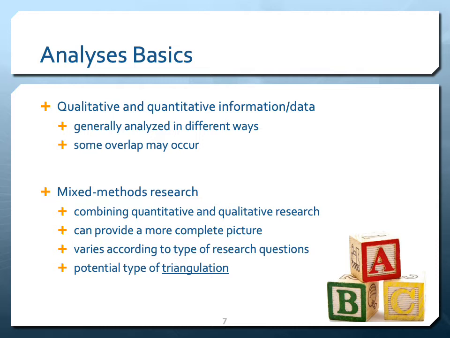Once you've got a good understanding of the situation, then you follow up with a quantitative survey, just to better understand how big potential markets are. So again, that combination of qualitative and quantitative gives you a much better picture, and potentially you can use that to triangulate and understand what you're looking at.